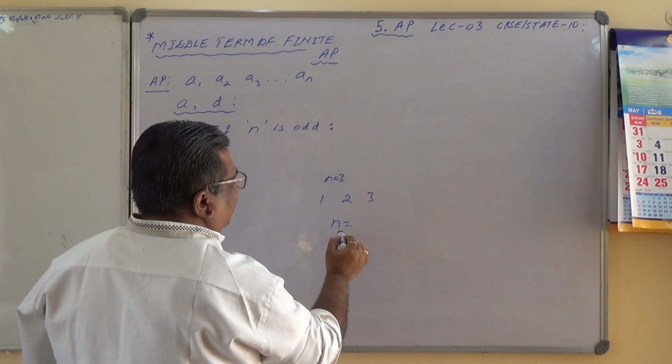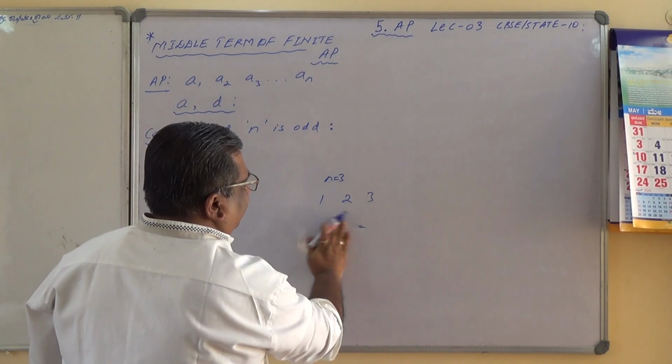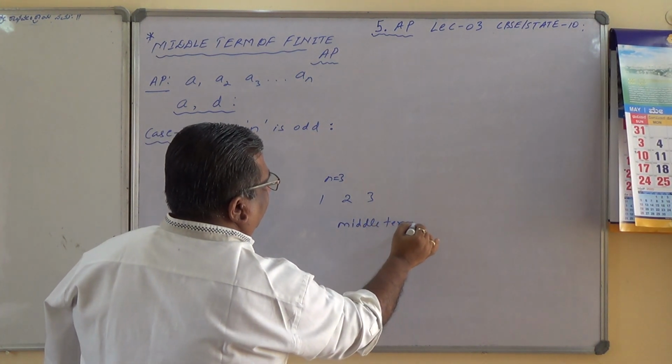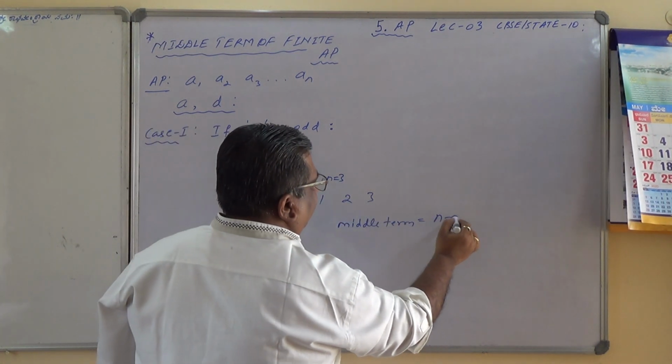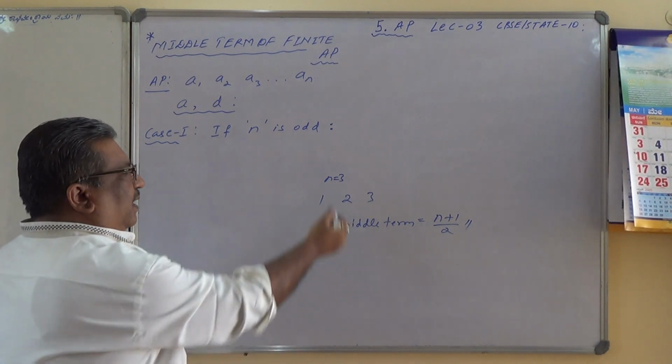Middle term equals n plus 1 by 2. N plus 1 by 2. Correct? Simple. Here n is equal to 3.